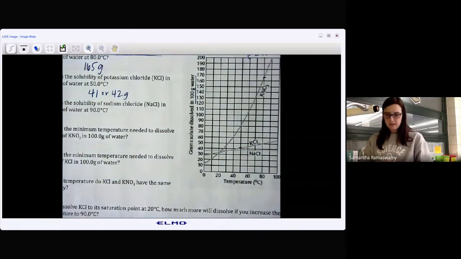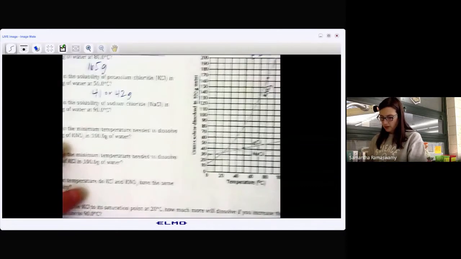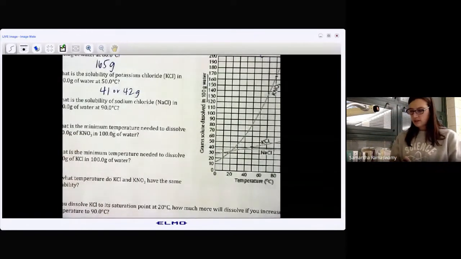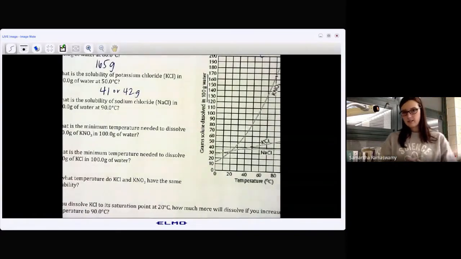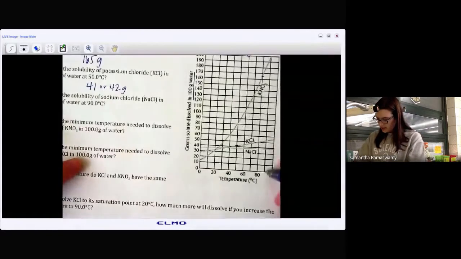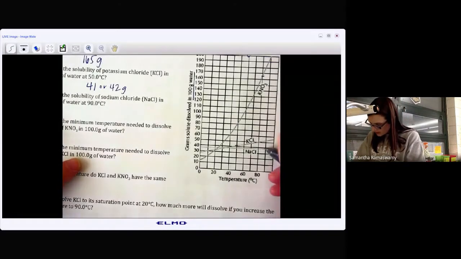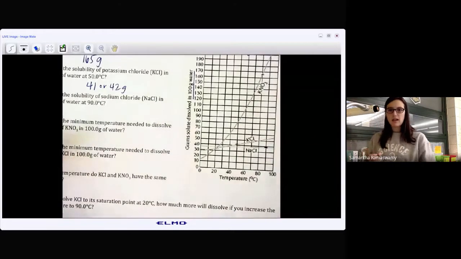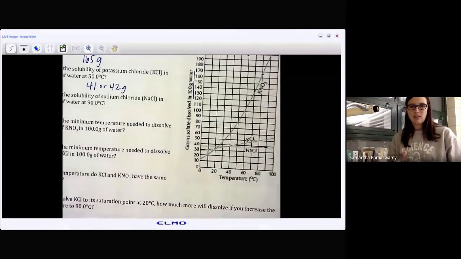So try number 3. What is the solubility of sodium chloride at 90 degrees Celsius? Follow 90 degrees up to NaCl. I like to put a mark on the line just to help me.